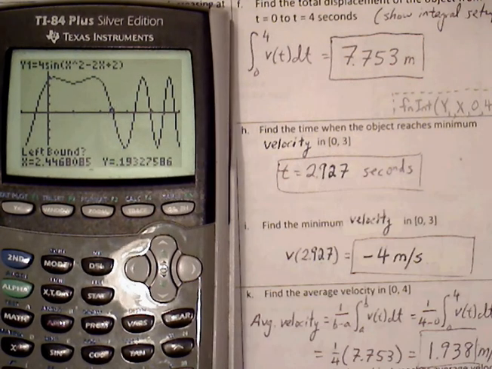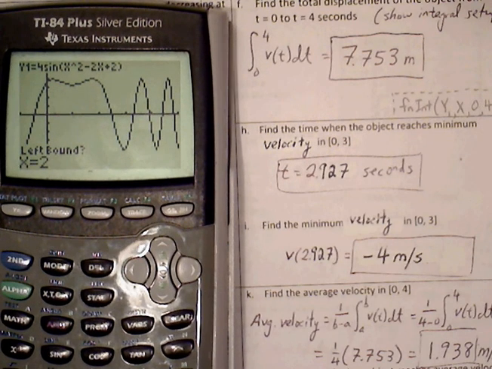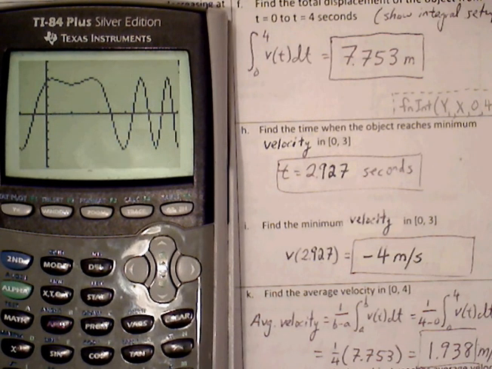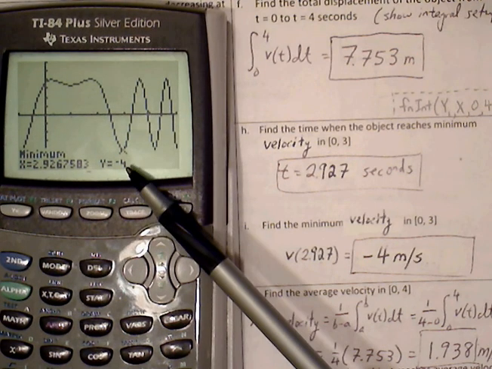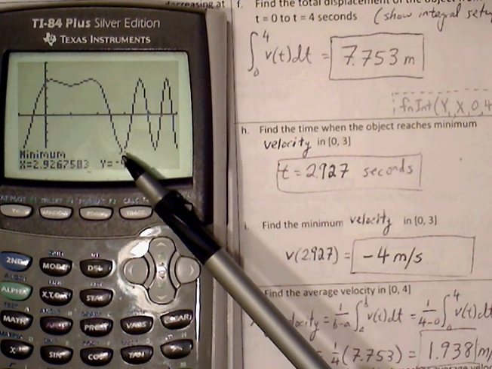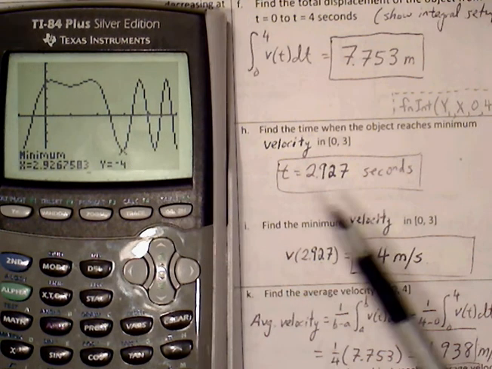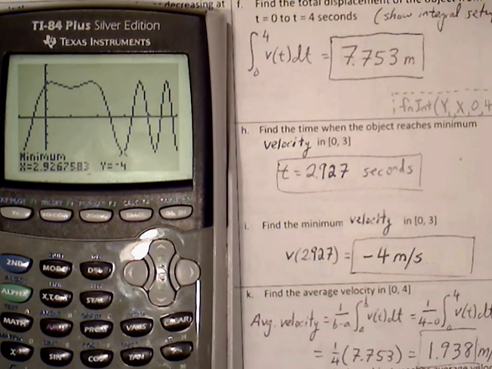We know this value is going to be between x values of 2 and 3. Hit enter twice, and we're going to get 3.927 seconds. And the y value is -4, so -4 will be the minimum velocity at that moment in time.